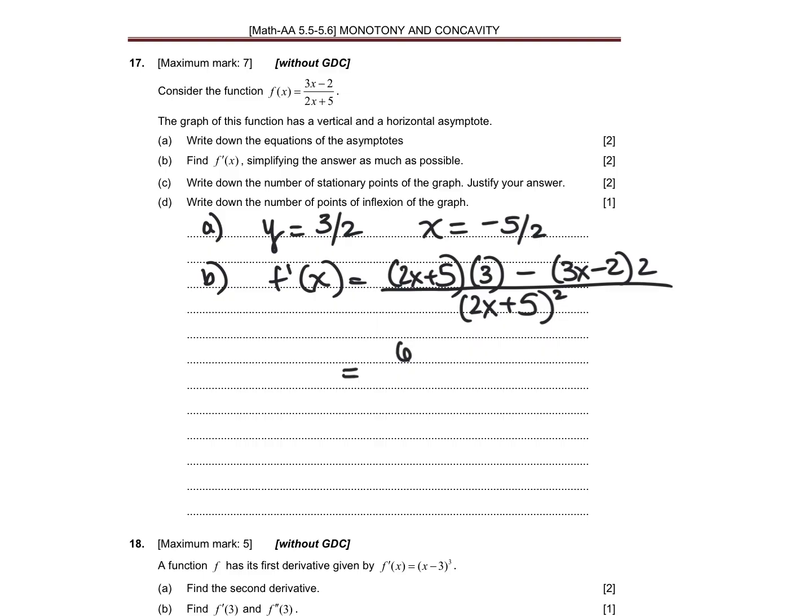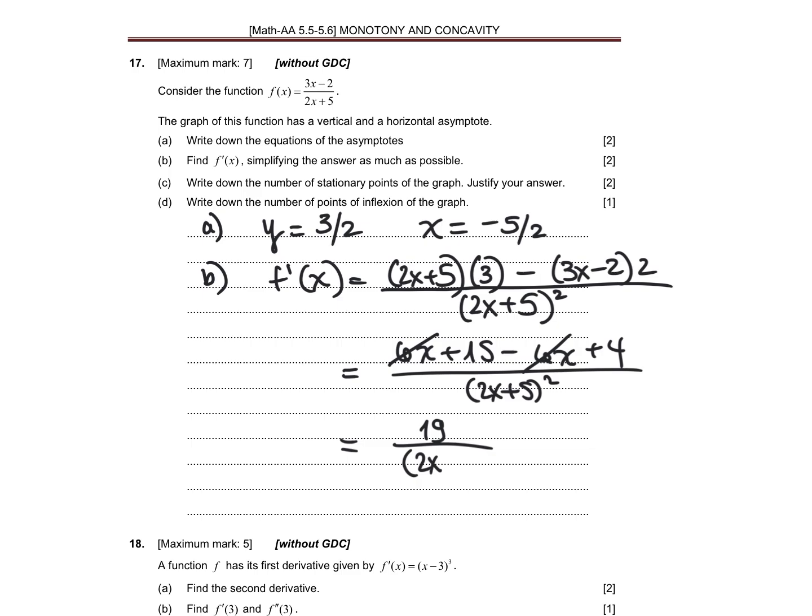We're going to have 6x plus 15 minus 6x plus 4, because that's a negative 2 distributed. So that cancels. So we're going to have 15 plus 4, 19 rather, over 2x plus 5 squared.